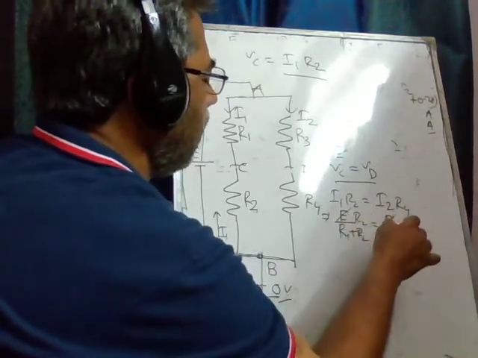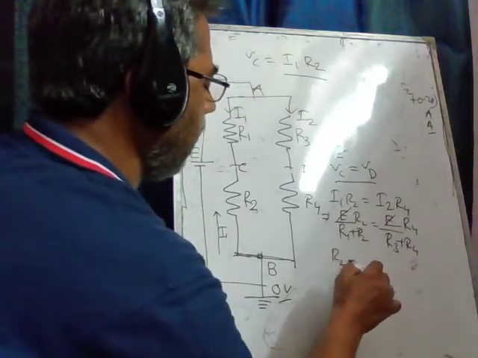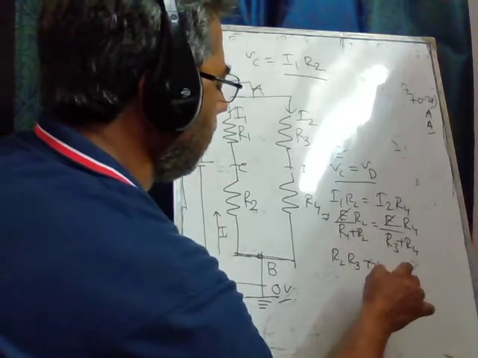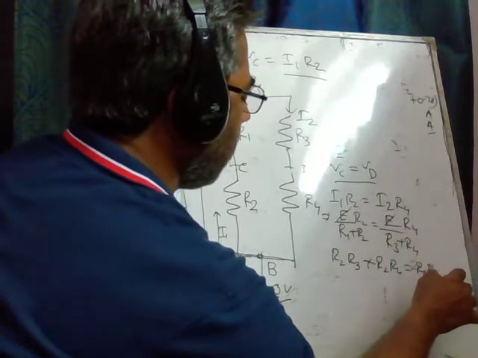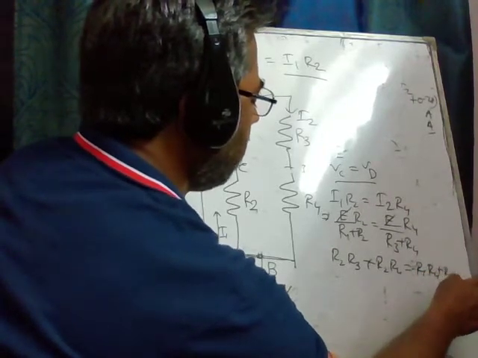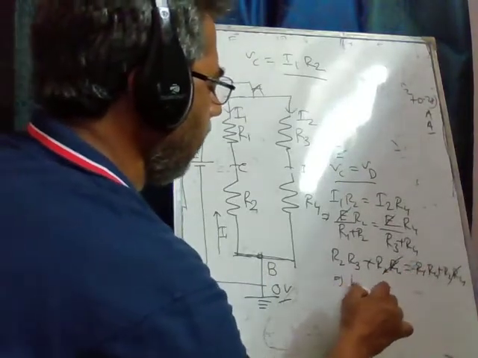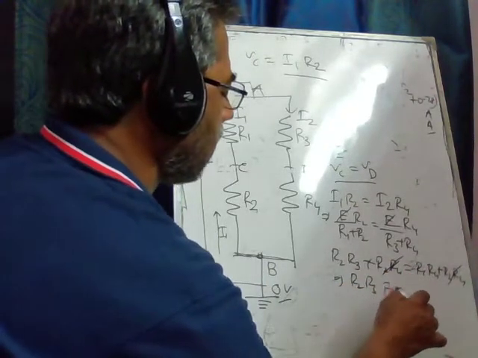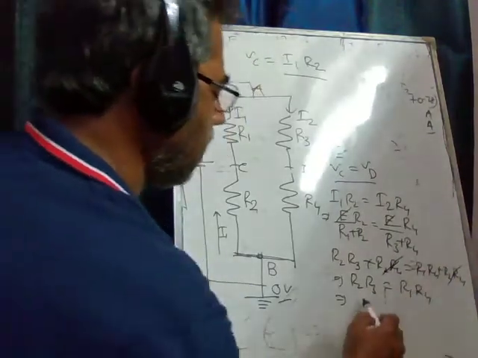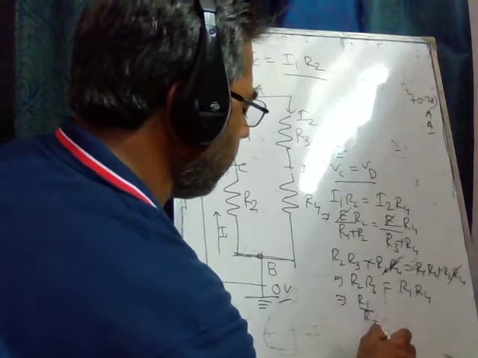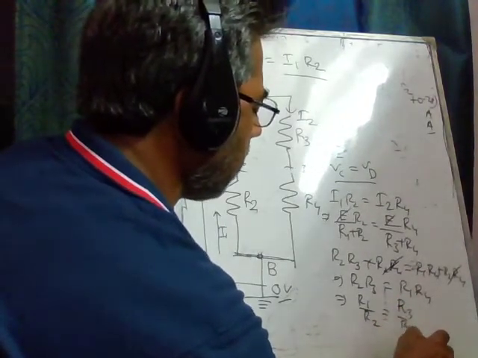You can cancel E, and cross multiplication will give you R2 R3 plus R2 R4 equals R1 R4 plus R2 R4. So these two terms cancel out and we are left with R2 R3 equals R1 R4. So we get R1 over R2 equals R3 over R4.